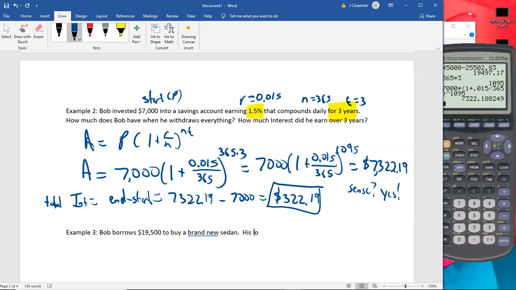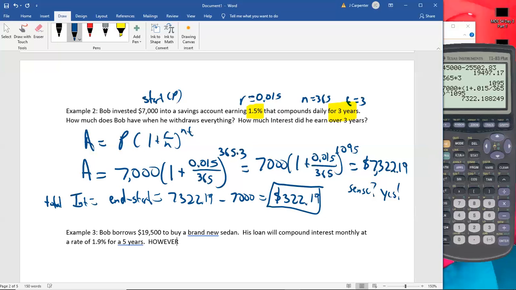Now his loan will compound interest monthly at a rate of, let's say, 1.9%, because Bob's got really good credit. I just talked to a friend of mine who just got a car loan at 1.9% for, I think, 5 years the other day. So we're going to go with his loan for 5 years.